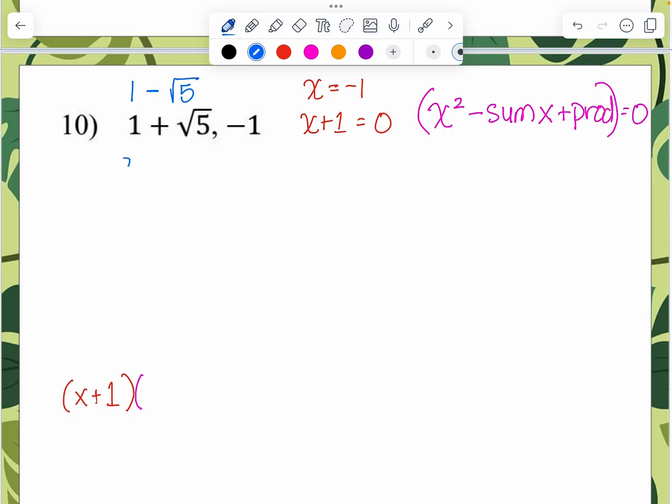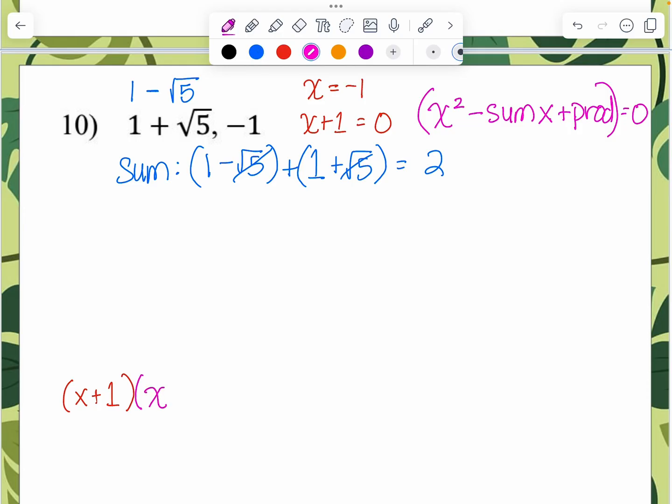All right, so the sum of 1 minus the square root of 5 plus 1 plus the square root of 5 is going to be equal to 2. So down here, I've got x squared. I'm going to use the opposite of 2, which is -2x.